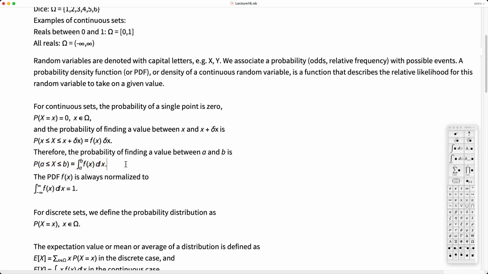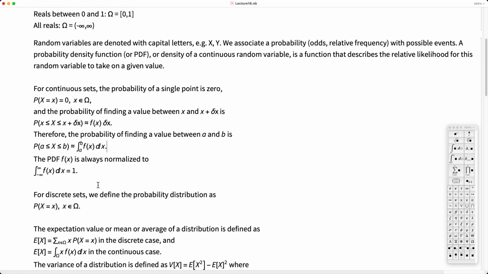And the PDF is always normalized to 1, so the integral from minus infinity to infinity of f is unity by definition, because the total probability has to be 1 or 100%.